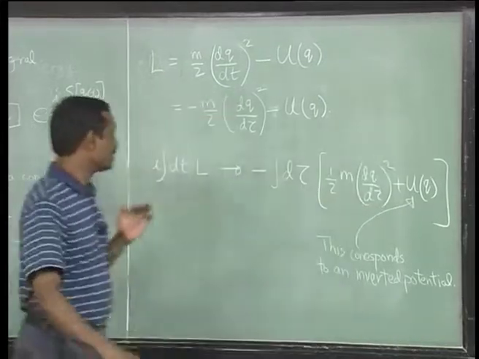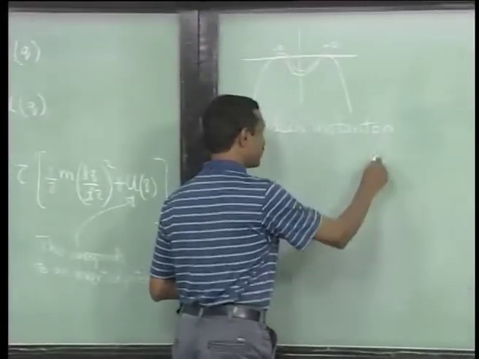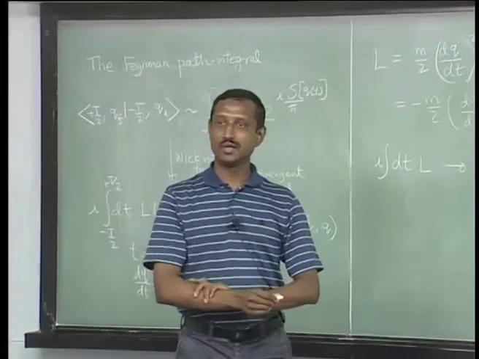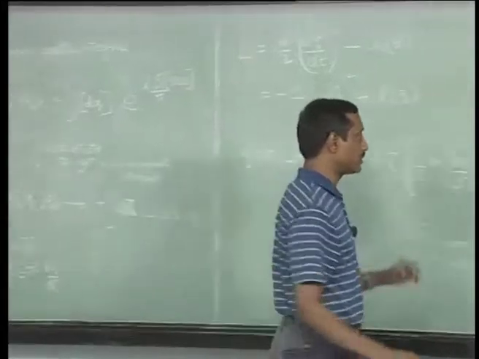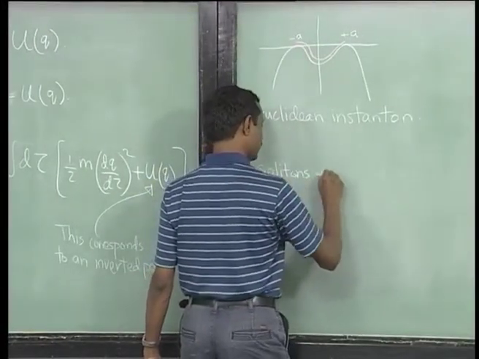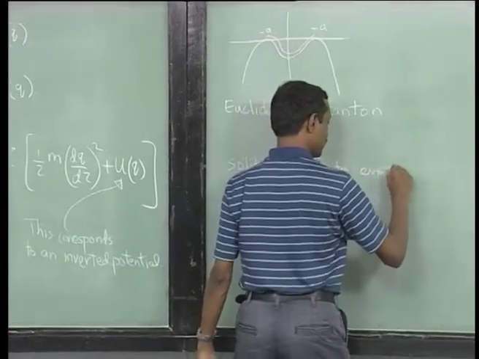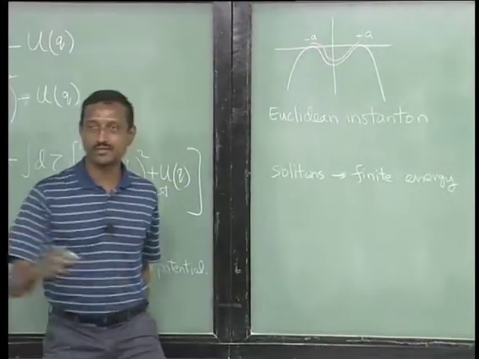Okay. So the name instanton is because it's somewhat similar to soliton. Except when we looked at solitons, one feature was they had finite energy, and we also noticed that they were localized in space.